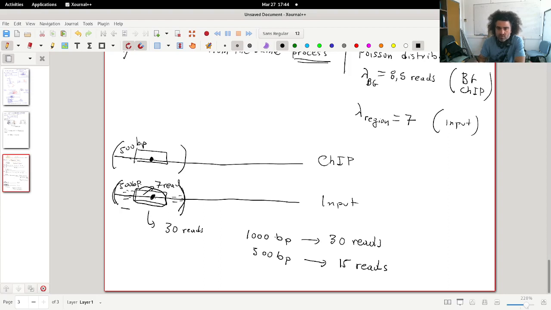In other words, we use a bigger region around the center of the window to try to understand how many reads we might have in a general region on average. So this is 15 reads per 500 base pairs, or 30 reads per 1000 base pairs. Which means that our best guess for the lambda, using as information a bigger region, not just the window, would be that lambda 1kb, let's call it like that, would be 15.